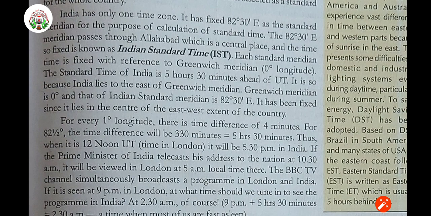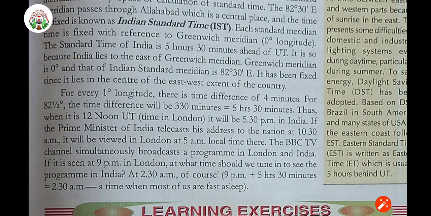Greenwich meridian is 0 and that of Indian Standard Meridian is 82 degree 30 minutes east. It has been fixed since it lies in the center of the east-west extent of the country. That is why we have taken 82 degree 30 minutes east. For every 1 degree longitude, there is a time difference of 4 minutes.